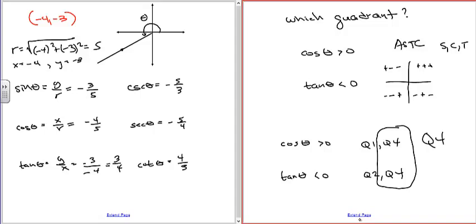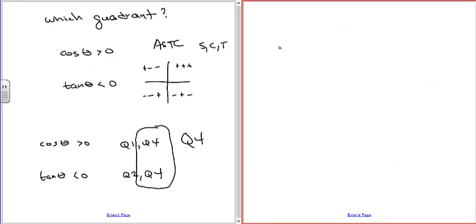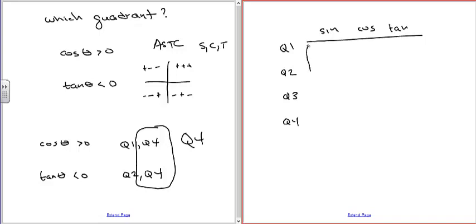There's another way. You could make up a table which says the quadrant, and then just make up a 4x3 table, 4 rows, and then you'd have sine, cosine, tangent. Then you could go in the first quadrant and they're all positive.